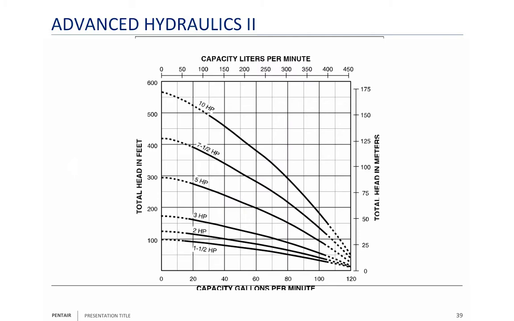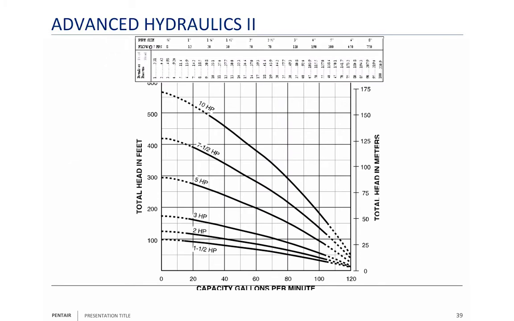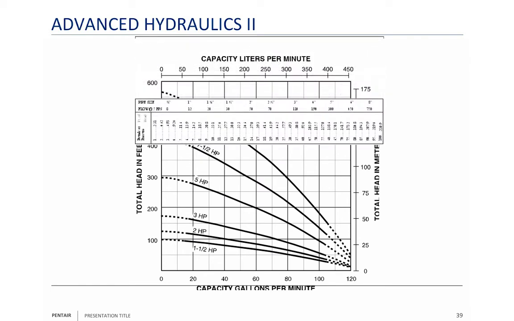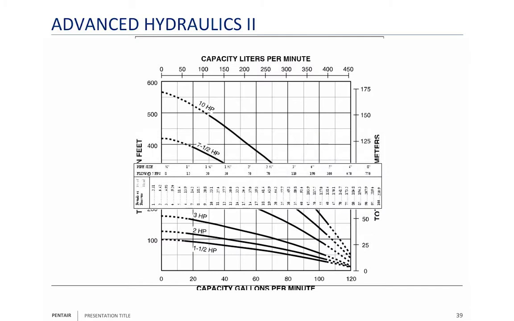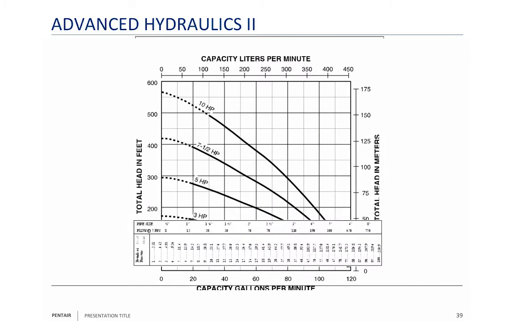All right? So we have 10 feet. We're going to start out by putting our ruler right across the 600-foot level. Then we're going to start dropping it. Okay? So we go down 500, 400, 300, 200, 100. Now we're going down to 50, but 10 is where we really want.